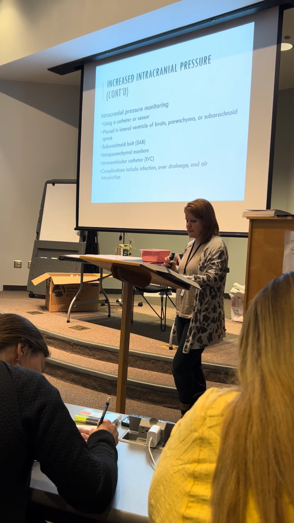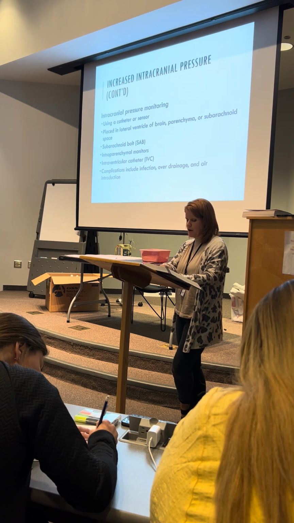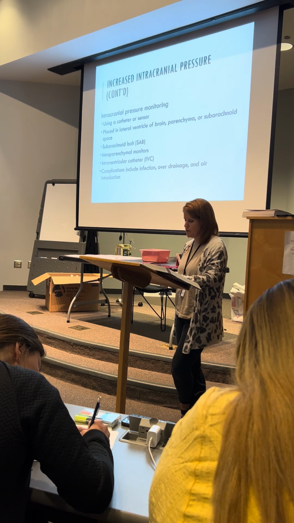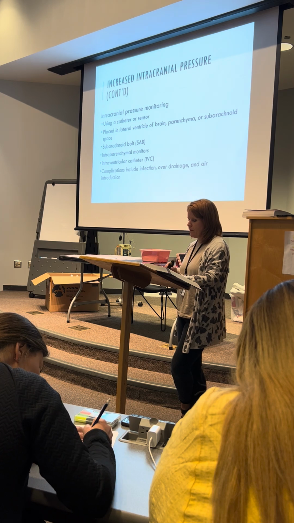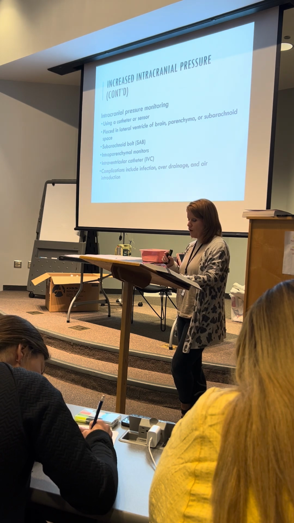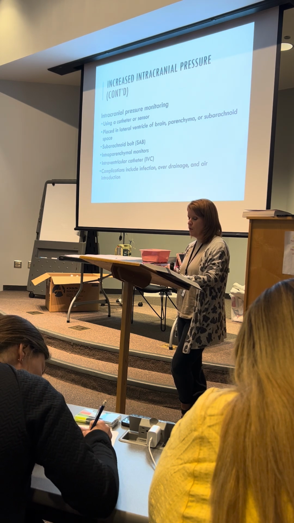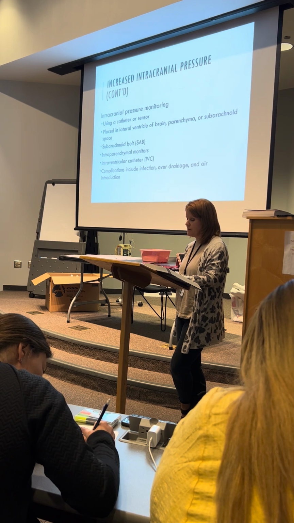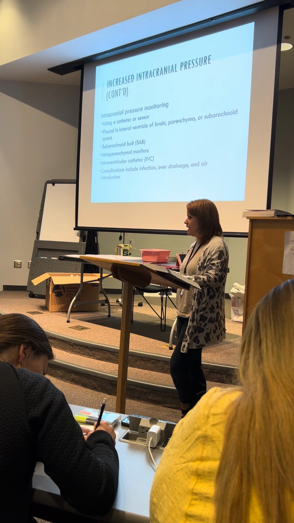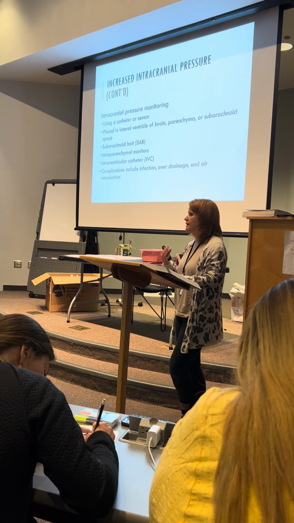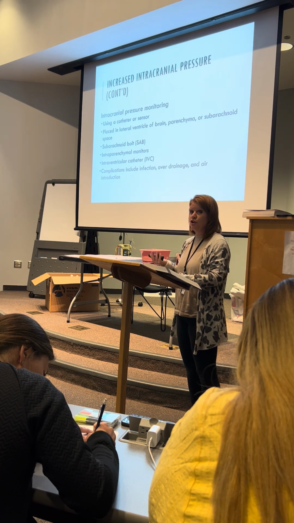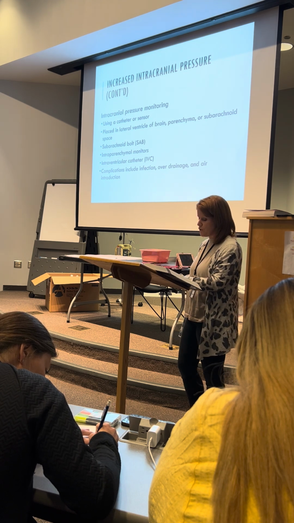It says it's generally maintained above 60 millimeters mercury, so the normal is 60 to 100. When it falls too low, the brain's not perfused adequately. Death can occur because it's not getting the blood flow, the oxygen, or the nutrients that it needs to survive.